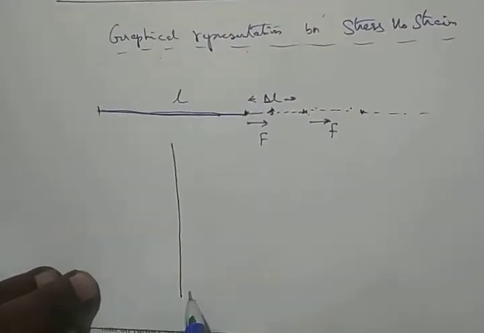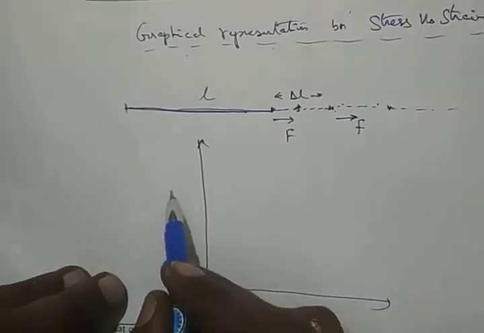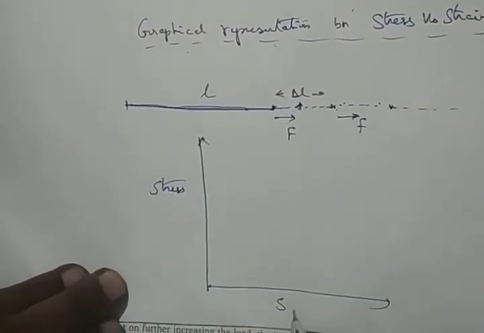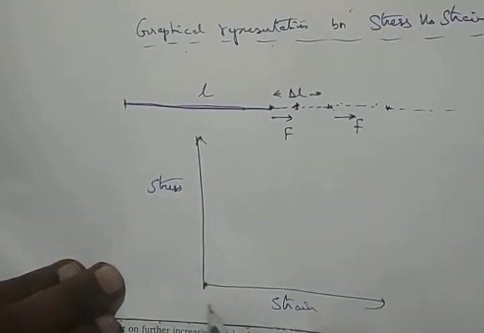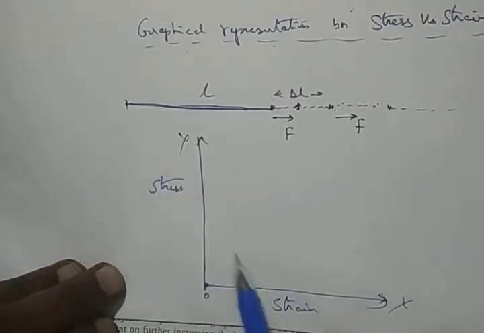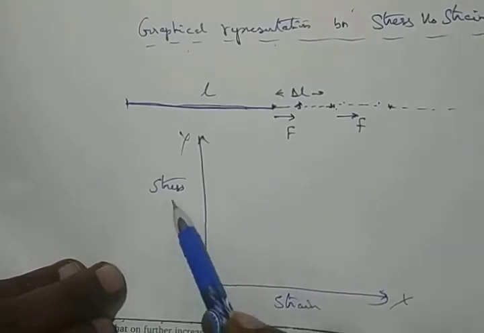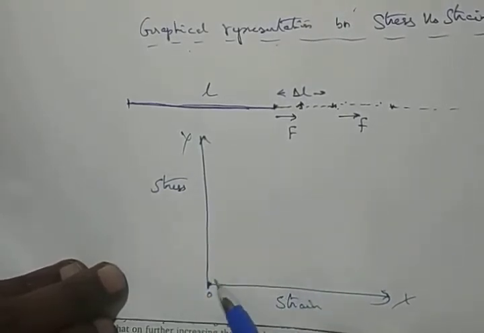So draw a graph and write stress here, and this is strain, and this is the origin O. So this is X and Y. When you apply a stress, force per unit area, immediately strain happens.